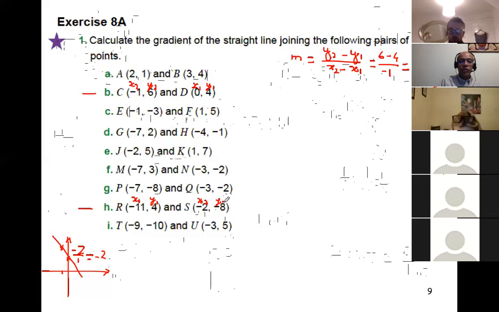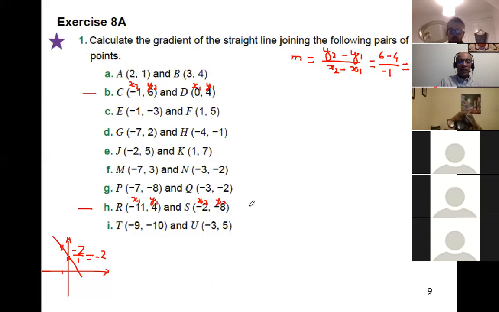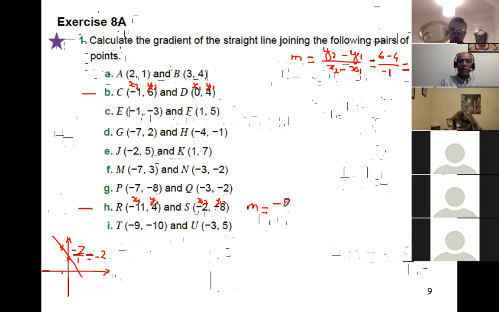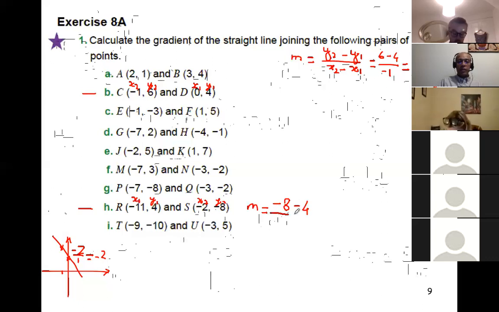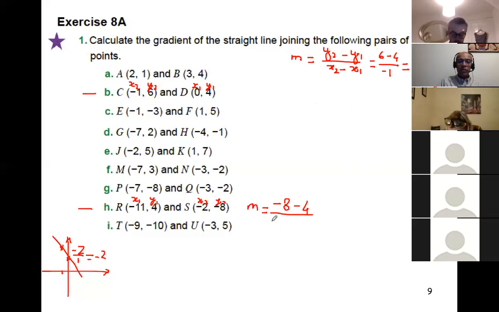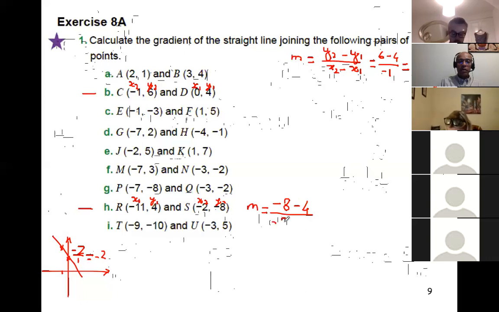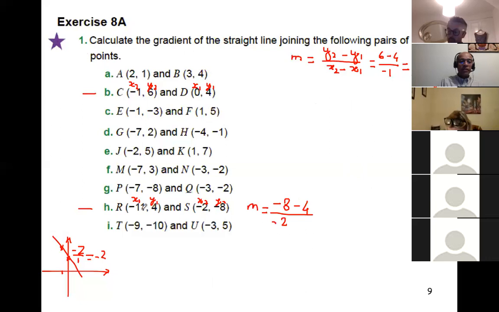So we said y2 is negative 8. So I need to write minus 8 minus y1, so minus 4, divided by x2, minus 2, minus 11, that will become plus 11.